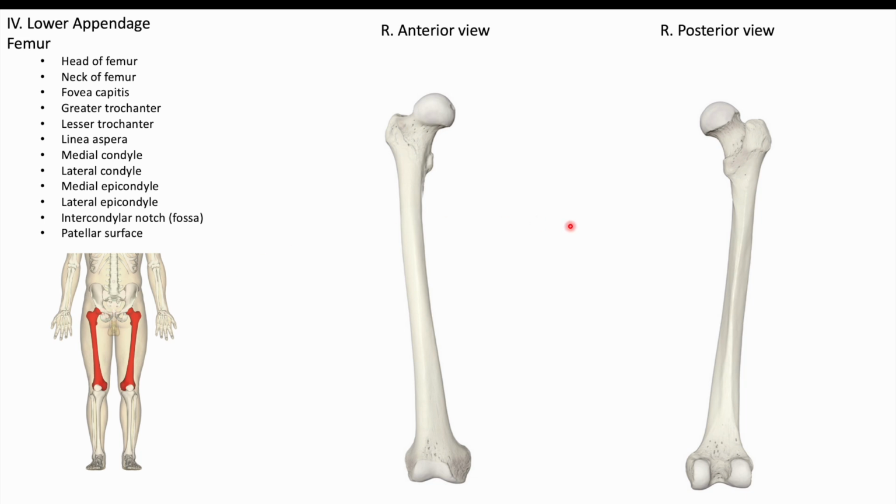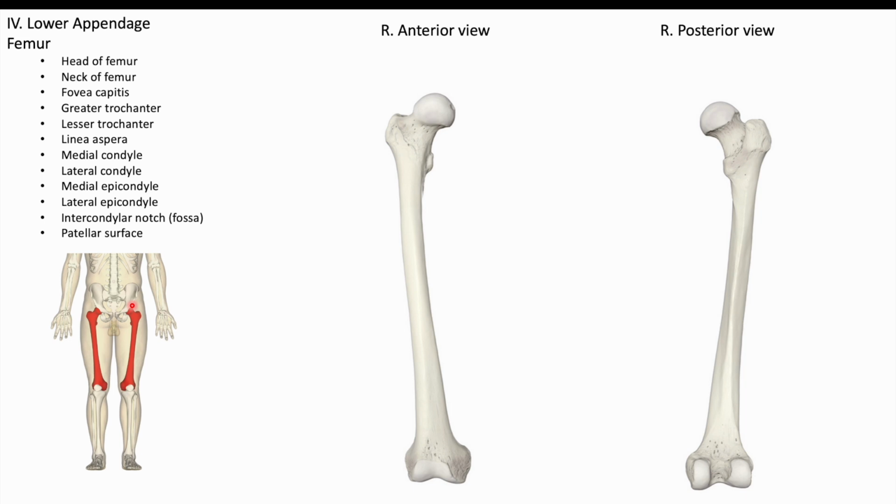Now, on the left femur, in the anterior view, you would see the patella surface, but the head of the femur would be facing to the left side because it's going to articulate with the acetabulum of the left os coxae. So that's how you differentiate whether it's the left or right femur.